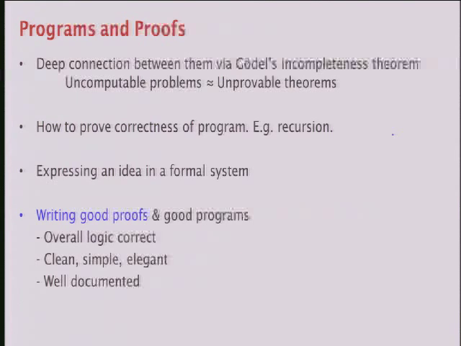In the case of a program, you have some idea about how to solve a problem, but you still have to express it within your programming language, within those primitives, and that requires a certain amount of skill. It's the same sort of thing in writing proofs. You may have an idea, and you might know why something is true, but you still have to translate it into this formal system, which is the steps of your proof, the allowable primitives that you're allowed to use in your proof.